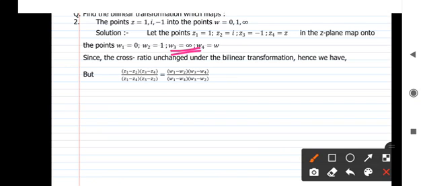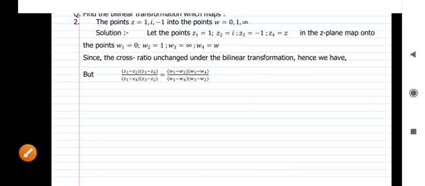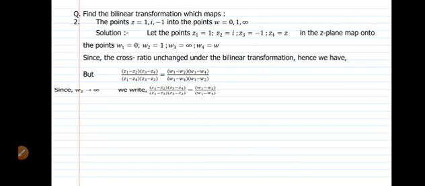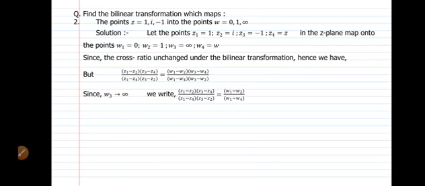So the ratio of the brackets containing this point w3, you have to consider this as 1. So with this ratio consideration as 1, we can write this ratio as (z1 minus z2)(z3 minus z4) upon (z1 minus z4)(z3 minus z2) equal to (w1 minus w2) upon (w1 minus w4).